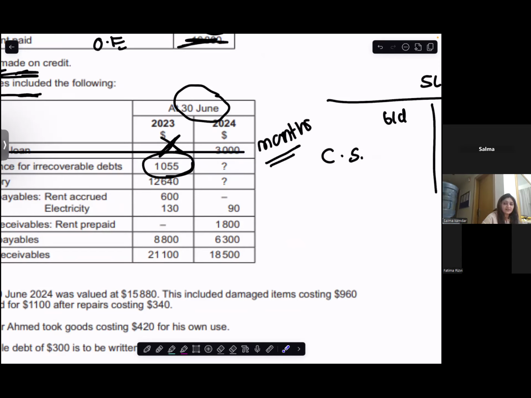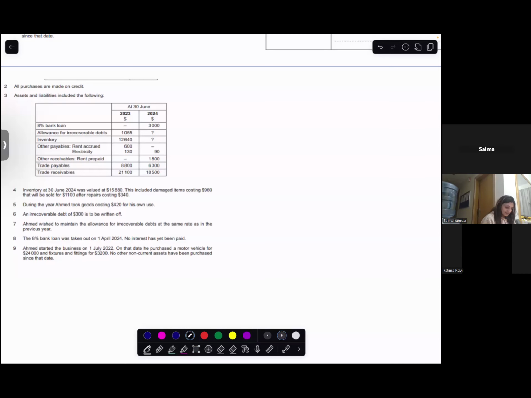Can you try to find the new allowance? I'm waiting for you. What I'm looking to find is the allowance for bad debts. I have the old PDD as 1055.